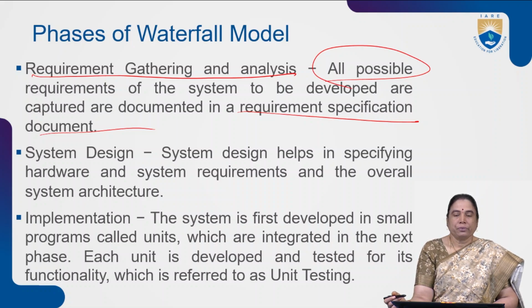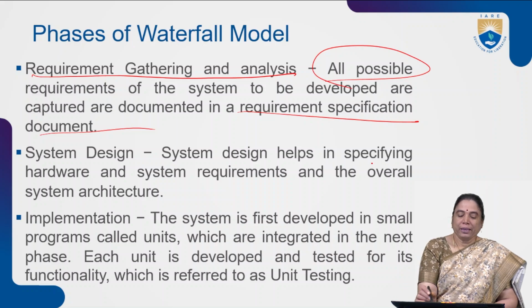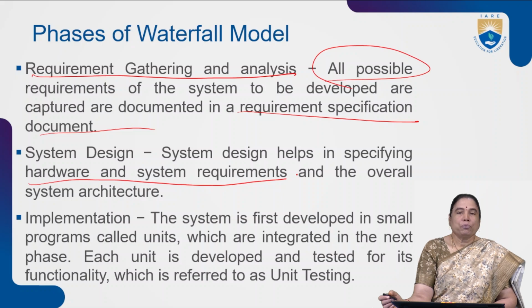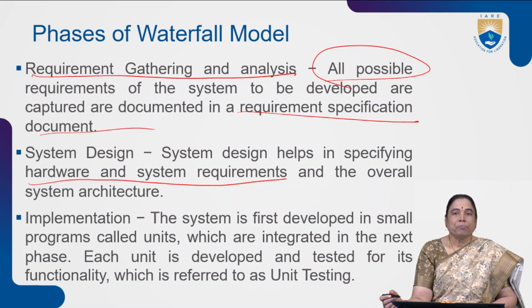The system design helps in specifying hardware and software requirements and the overall system architecture, with a variety of UML diagrams like the use case diagram, class diagram, collaboration diagram, sequence diagram, and state chart diagram. The major features of the project can be modeled with the help of this design document.